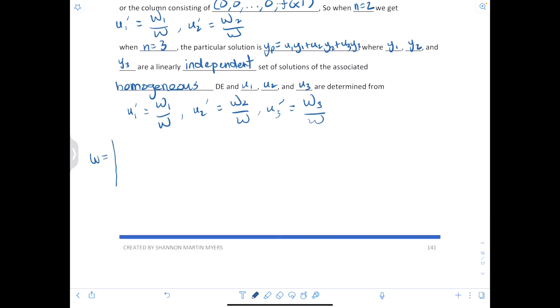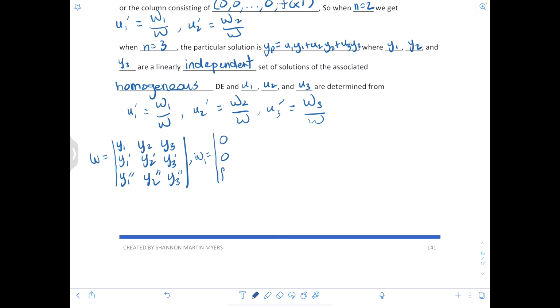So you'll have y1, y1 prime, y1 double prime, y2, y2 prime, y2 double prime, and y3, y3 prime, y3 double prime. So when you're on w1, you're going to replace the first column with 0, 0, and then your f of x.